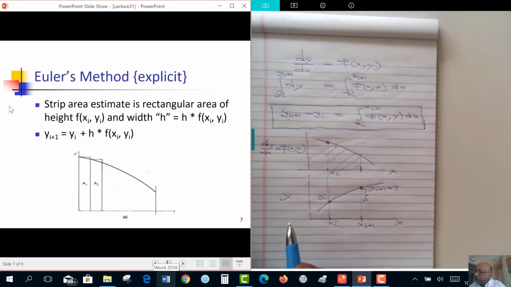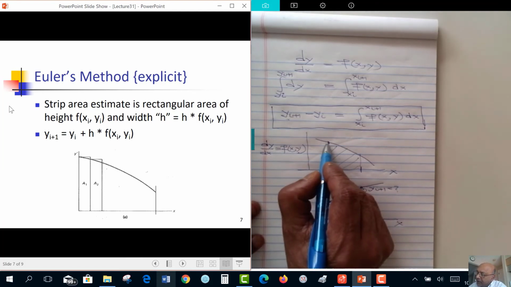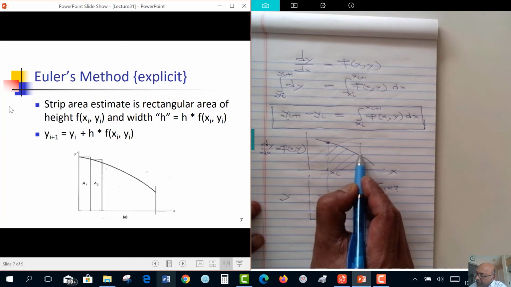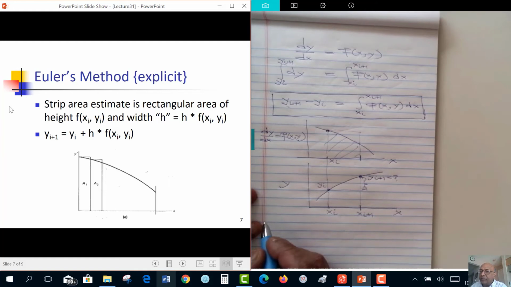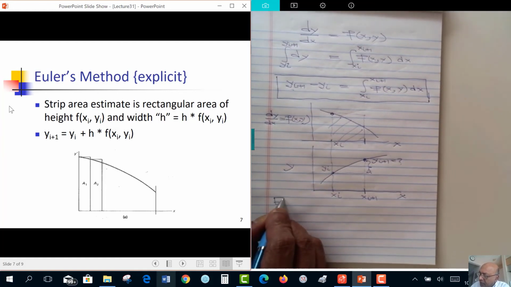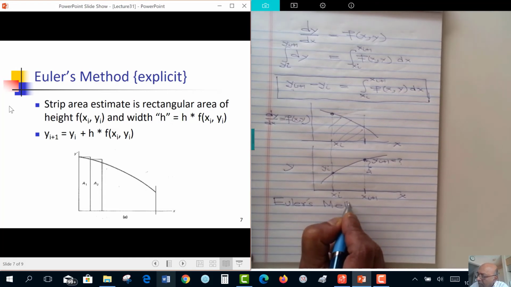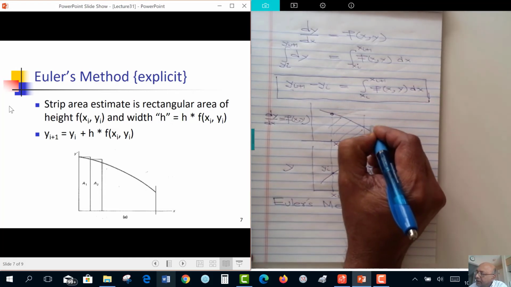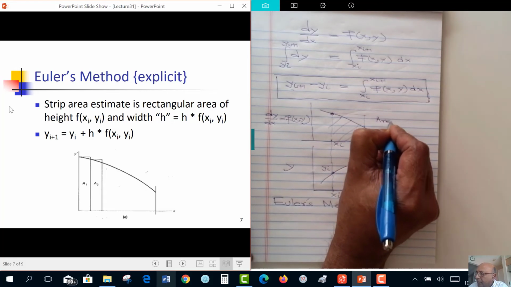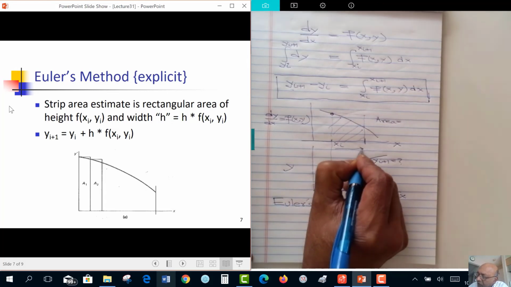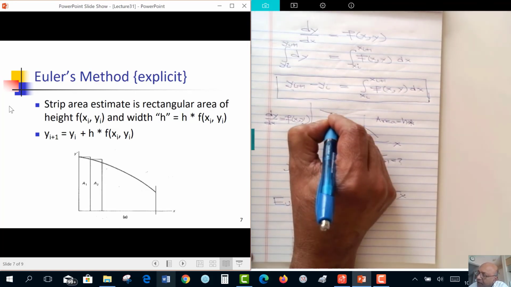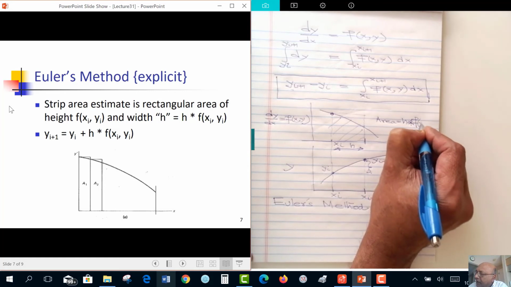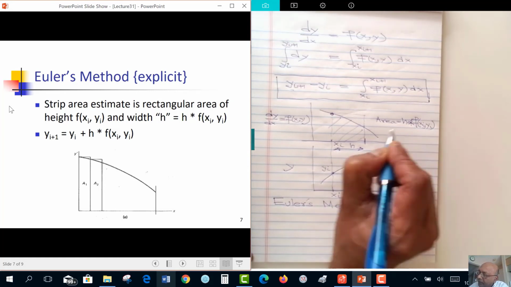So what does Euler's method do? Euler's method says we are going to estimate the area of this strip by building a rectangle. So Euler's method says that this area is this width h times the height, which would be the function at xi, yi, right?